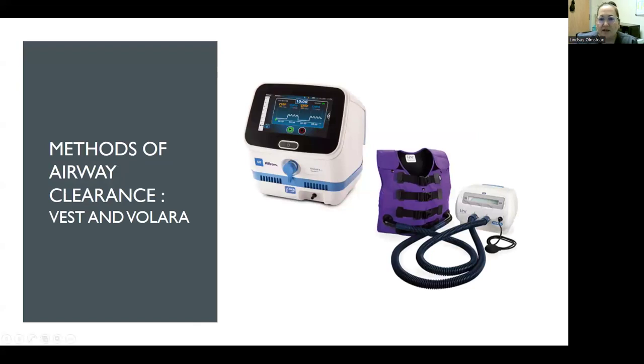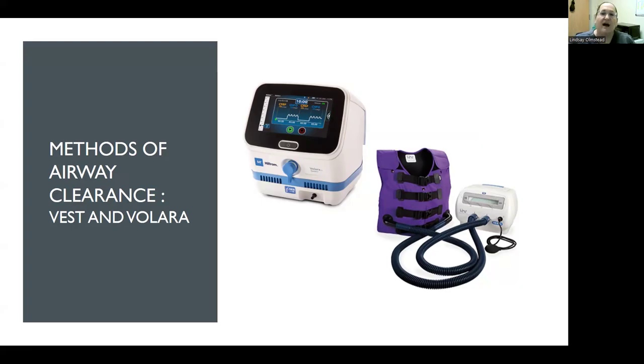Two other modes here. We have our vest machine, which is this purple vest here. This can be used in the adult world, pediatric world. It goes super small to little babies. So the vest fills up with air, it shakes, it contracts, and as that air is inflating and deflating rapidly, it's breaking the mucus up from the side of the airways and moving it up.